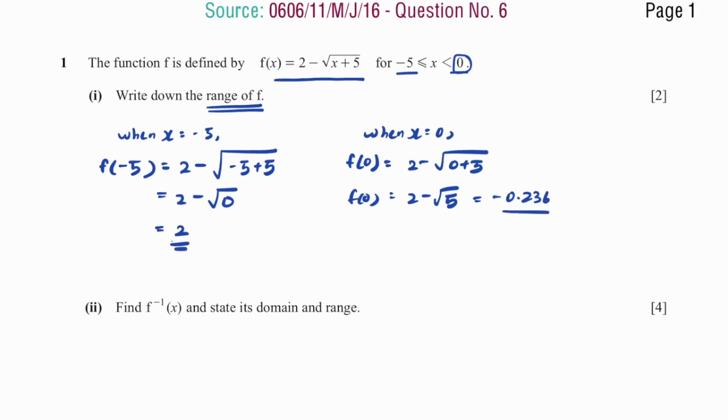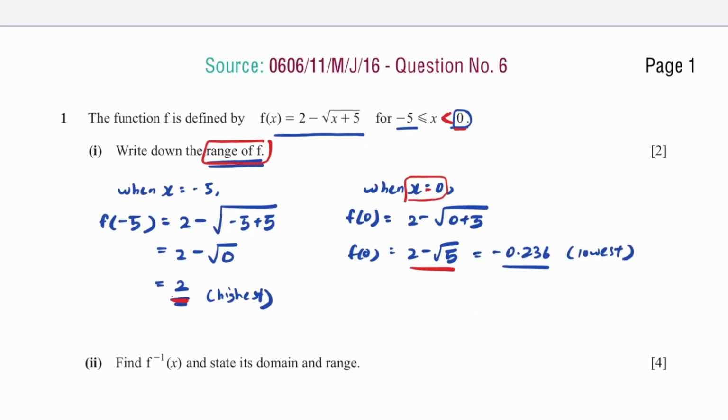So how should you write your range? You should write that this is the lowest, and this should be the highest. When you write the range of f, recall that the range is in the boundary between the lowest and the highest. So we write down the lowest first, and remember f(x) shouldn't be equal to this value because here x is less than 0.